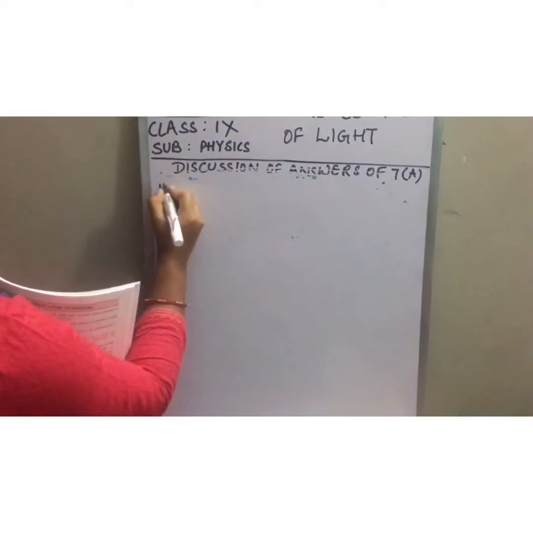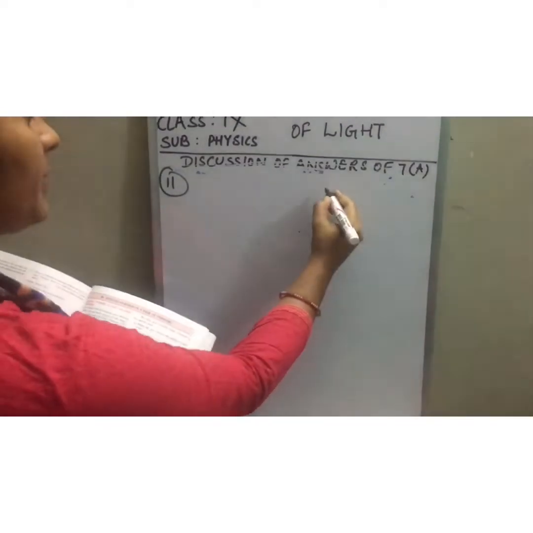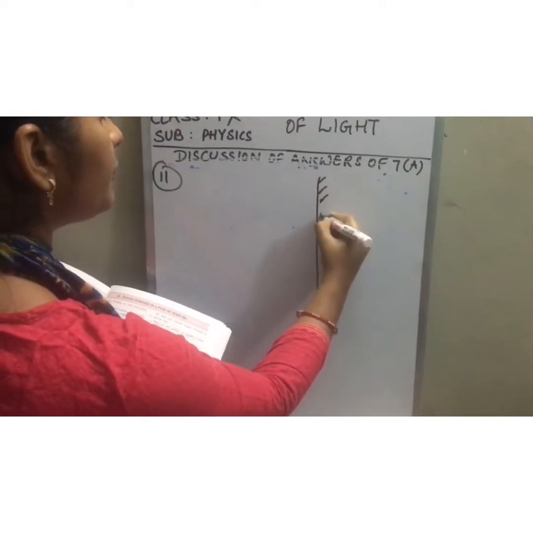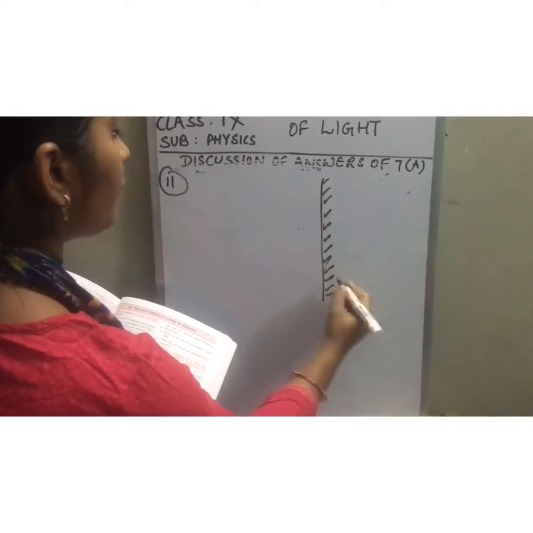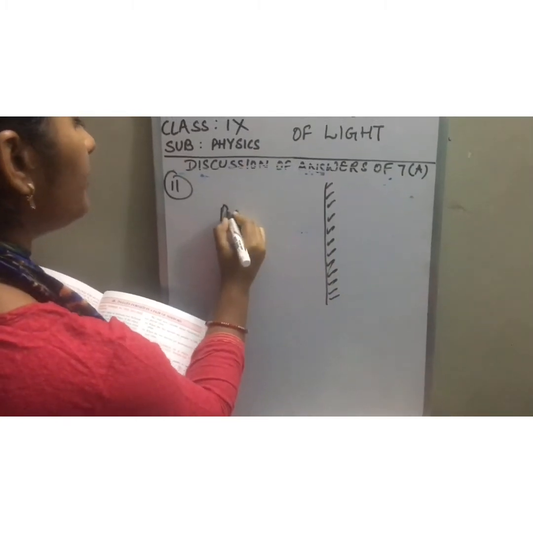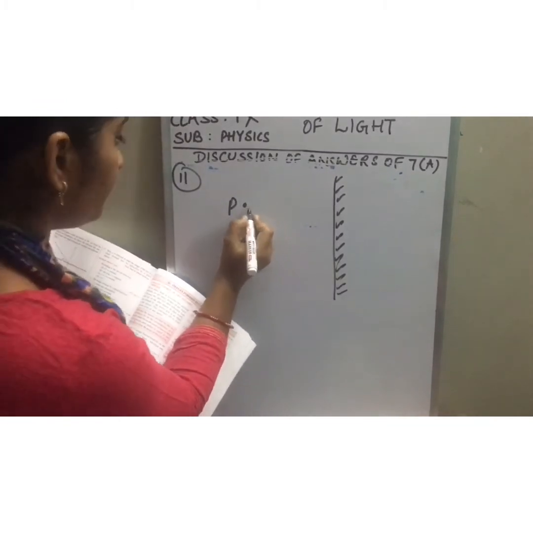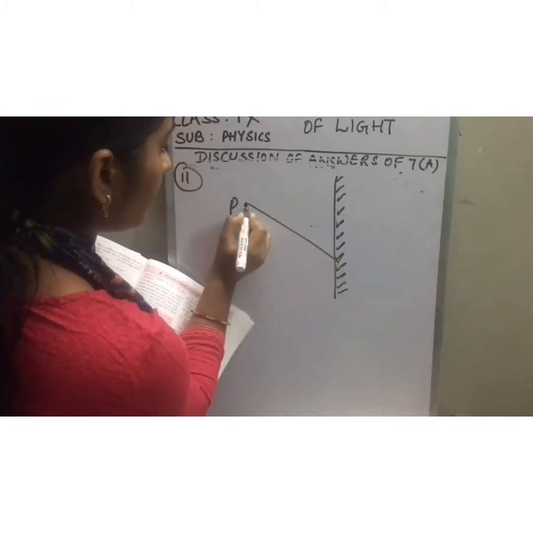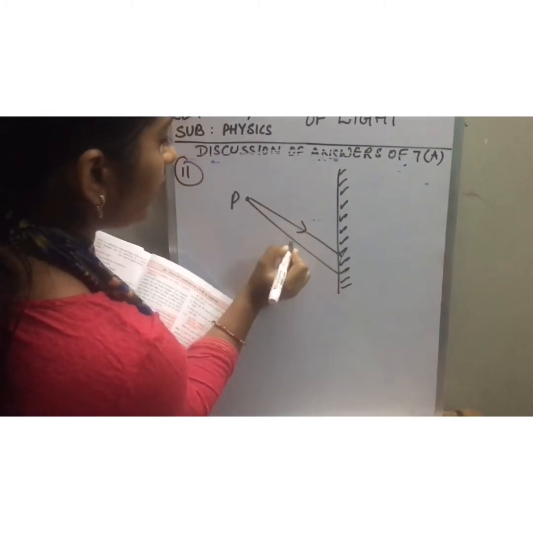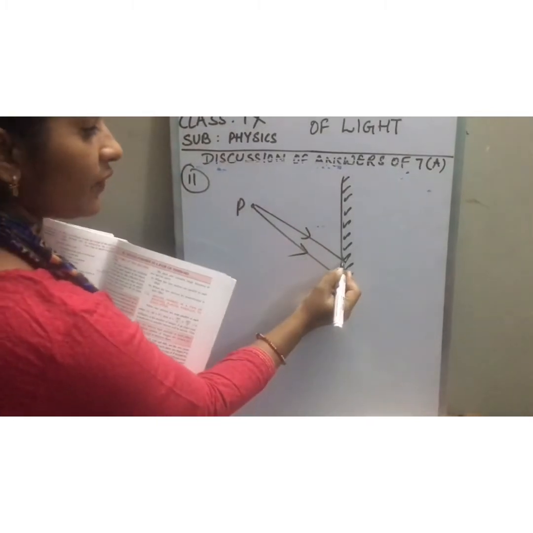See the 11th question. A plane mirror is given to you. Point object P is given here. Now you have to consider any two rays. Two rays you have taken. Now after reflection, what will happen?